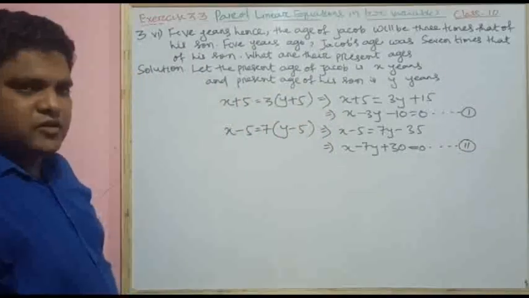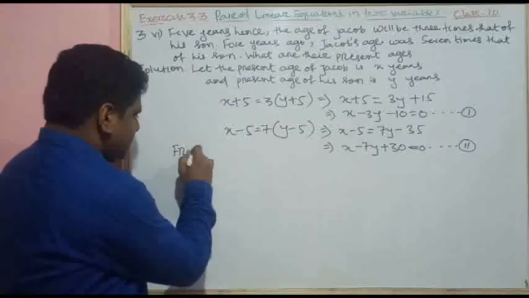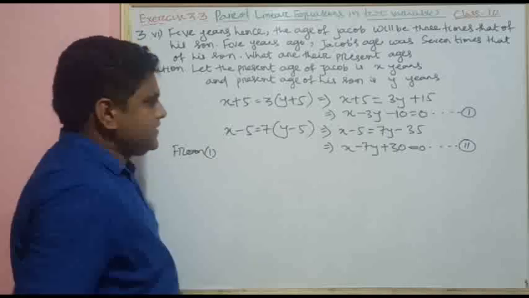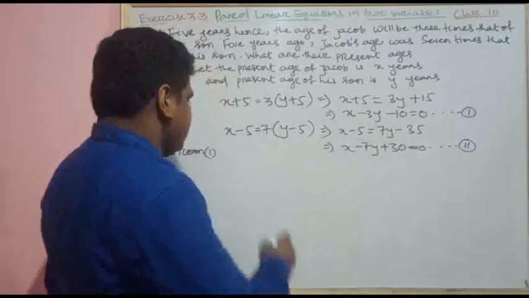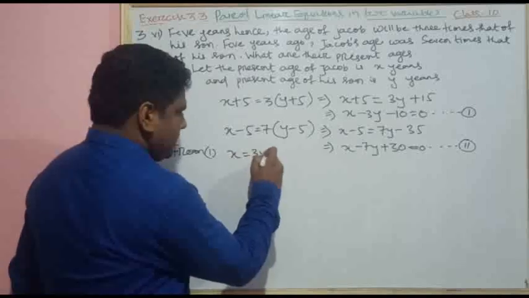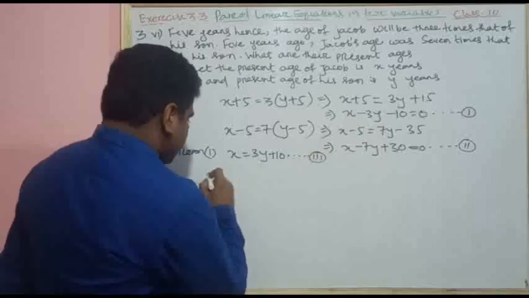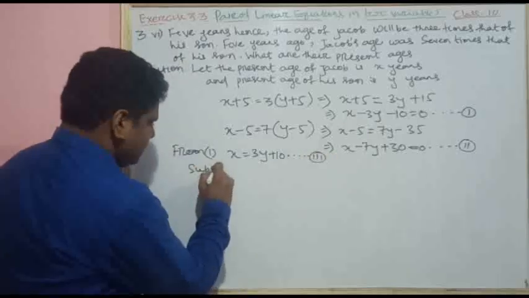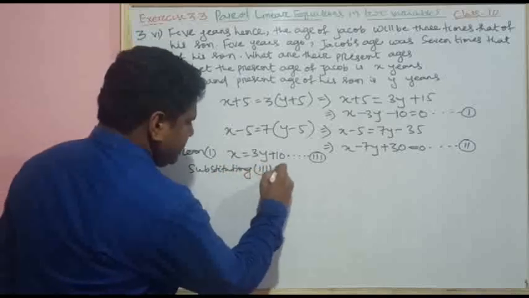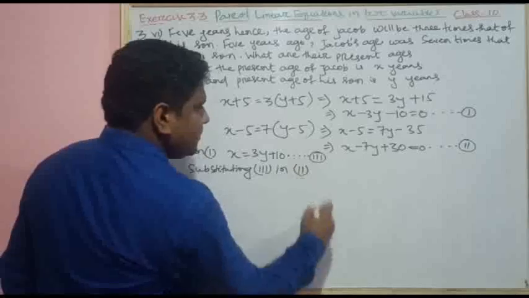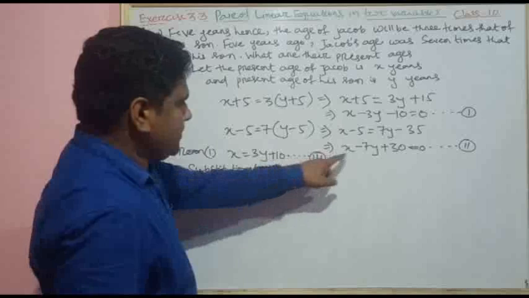For the substitution method, we have to convert one variable in terms of the other. So from equation 1, we can write x equal to 3y plus 10. Let it be equation 3. Now substituting equation 3 in equation 2, in place of x we can write 3y plus 10.